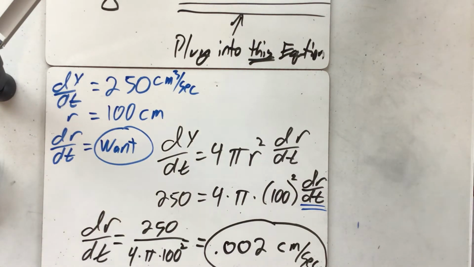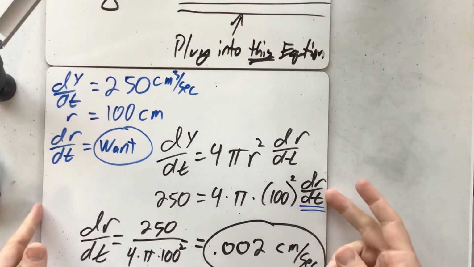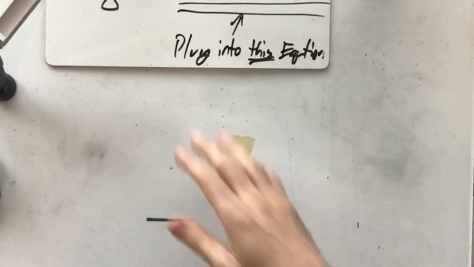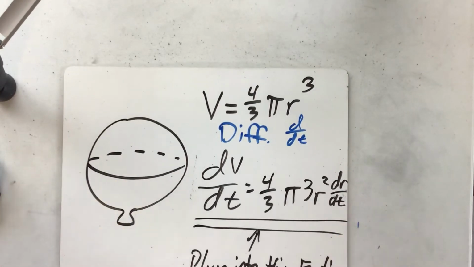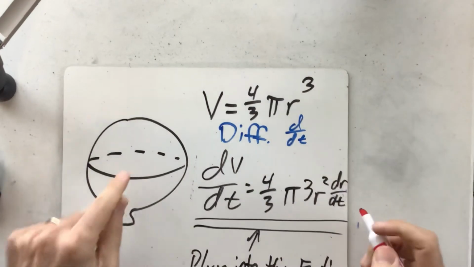Okay, I want to talk about a couple things that tend to go wrong when I see students do this problem and not get the correct answer. Well, one thing that tends to happen, and this is the big one, is students tend to think of this problem not as a balloon that's growing in size, but as one balloon at one moment.